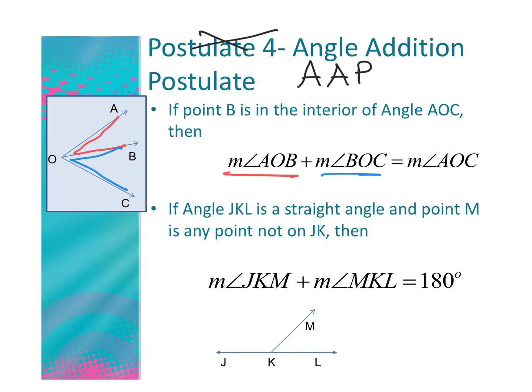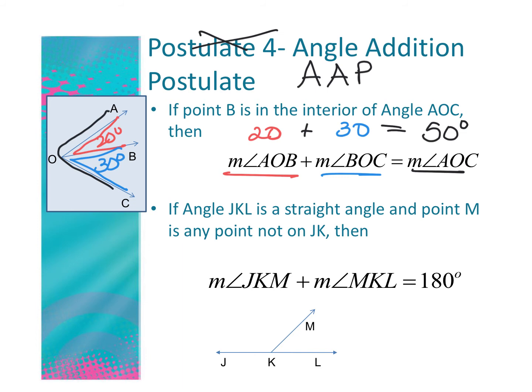And when I add those two together, it's going to give me the measure of the whole thing. So if I told you AOB was 20 degrees and BOC was 30 degrees, then to find the measure of the entire big angle, AOC, I just add those two. And this is my angle addition postulate.